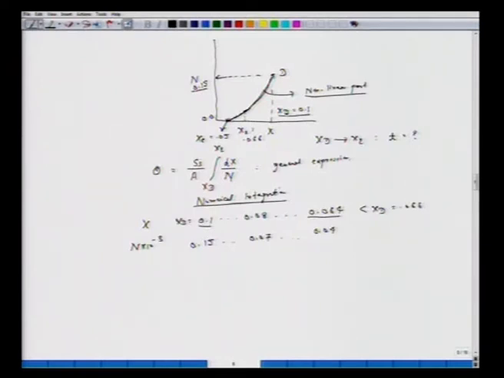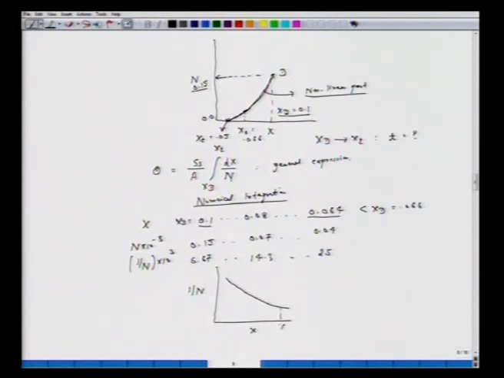Since we have dX by N, we require 1 by N, the rate here. If you do it, you will get 6.67, 1 over 0.5 you will get 14.3, and then we have this 25 and some intermediate data points. All you are supposed to do is to plot 1 over N versus X, and your trend is like this.